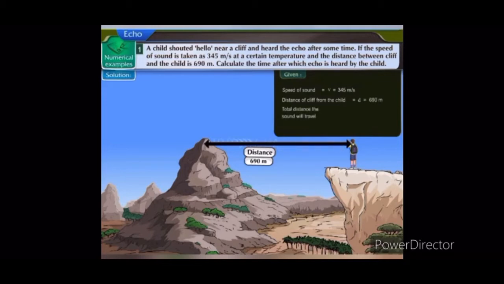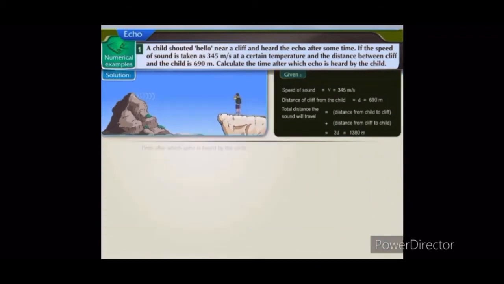Total distance the sound will travel is equal to distance from child to cliff plus distance from cliff to child, which is 2D, equal to 1380 meter. Time after which echo is heard by the child, T, is equal to what?